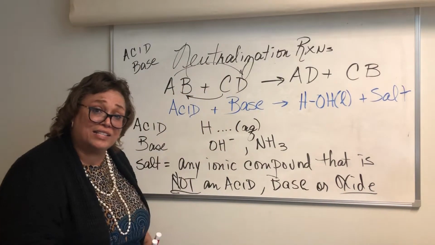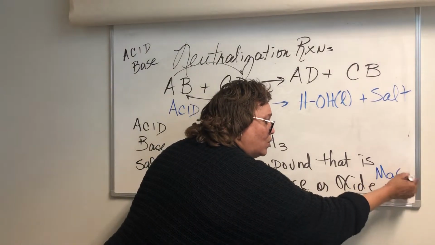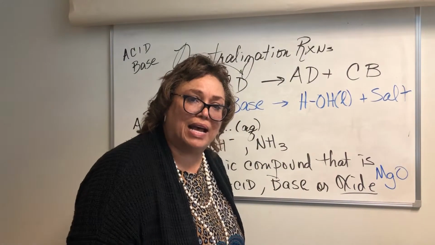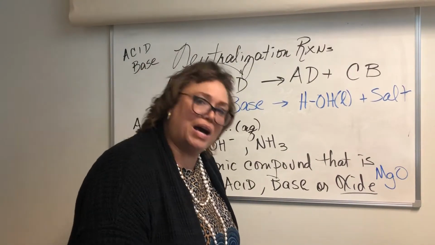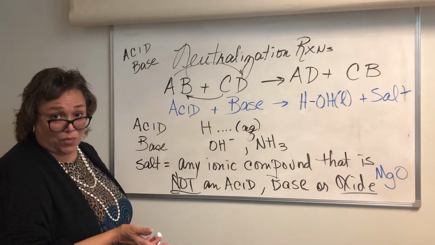So when I say oxide, what am I referring to? You know, MgO. That's magnesium oxide, lithium oxide, barium oxide. That is not considered an acid, a base, and definitely not water.